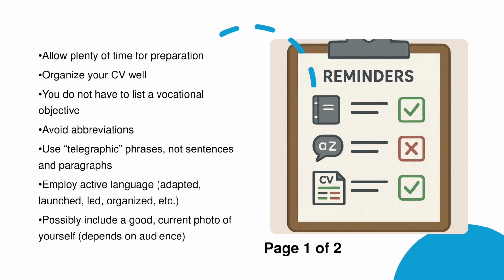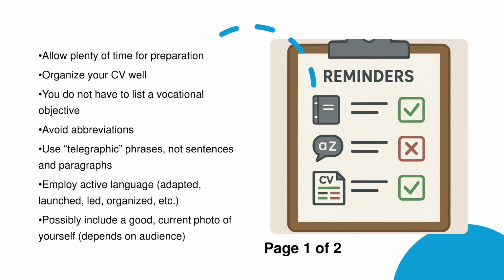Now, allow plenty of time for yourself to prepare this. If you need a CV tomorrow to turn in to somebody, I pray that you have already been working on this in the past, because this is not something you want to do the night before. Organize it well, and think through the headings and the topics, and we'll show you some suggestions as we go further.